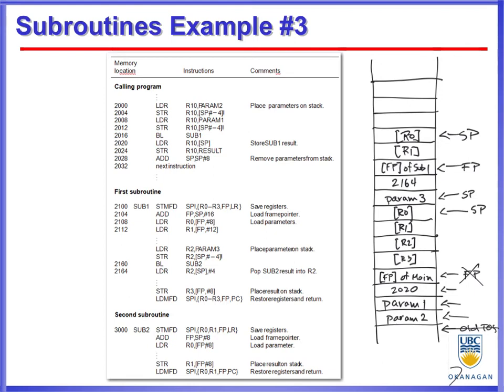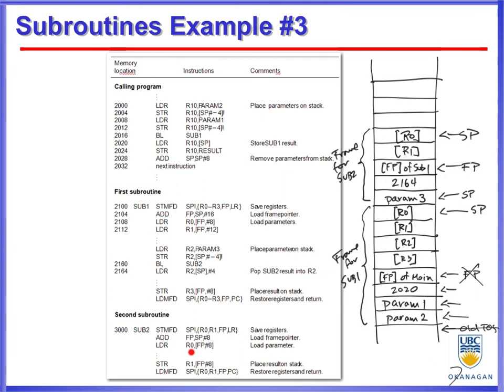Okay, so now we've built the frame for our second subroutine. Frame for sub 2. This is our frame for sub 1. Our stack pointer is pointing to the top of the stack, frame pointer pointing here.